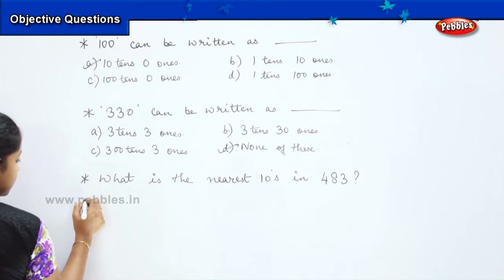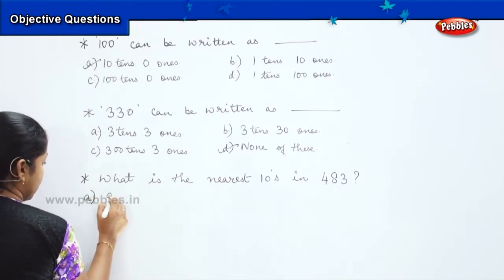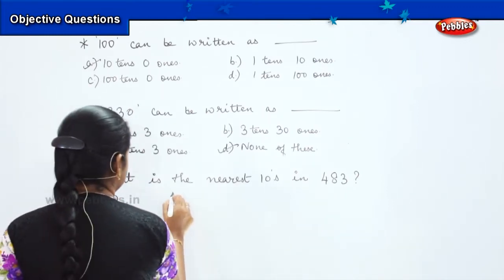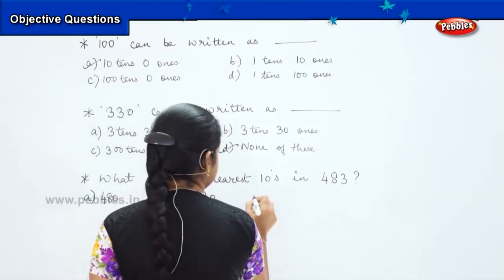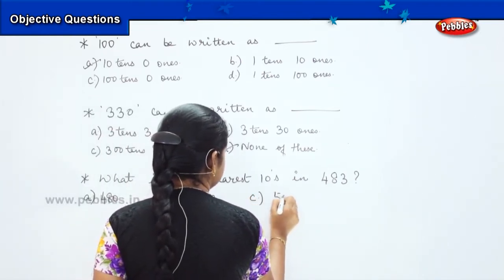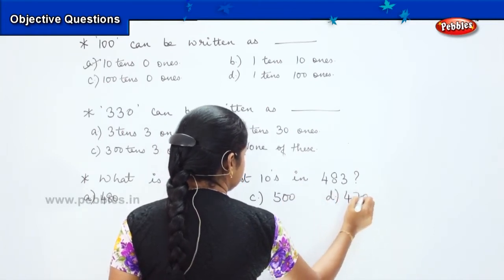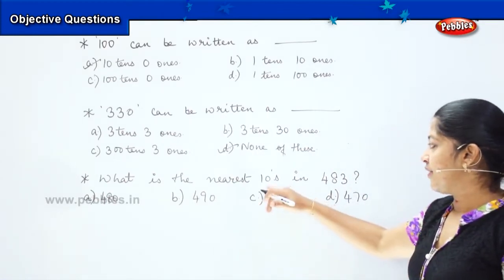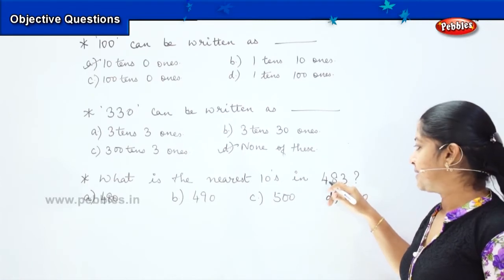And your options are 480, 490, 500, 470.